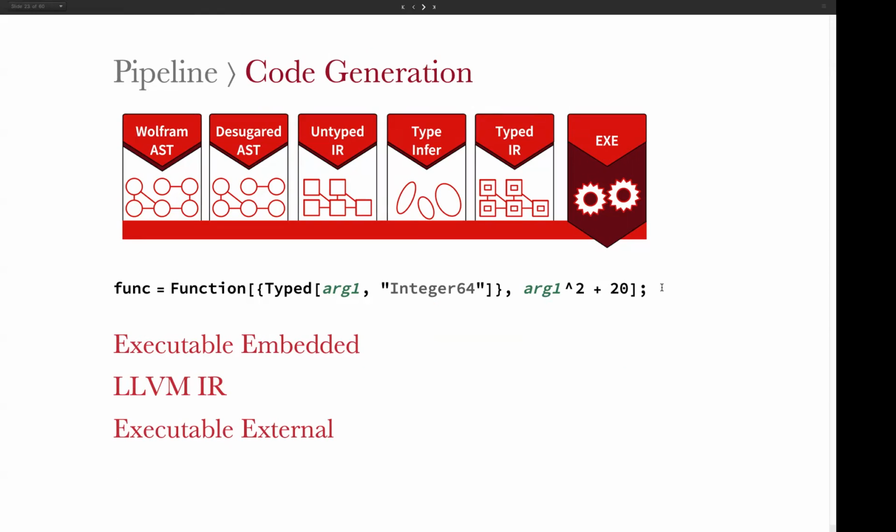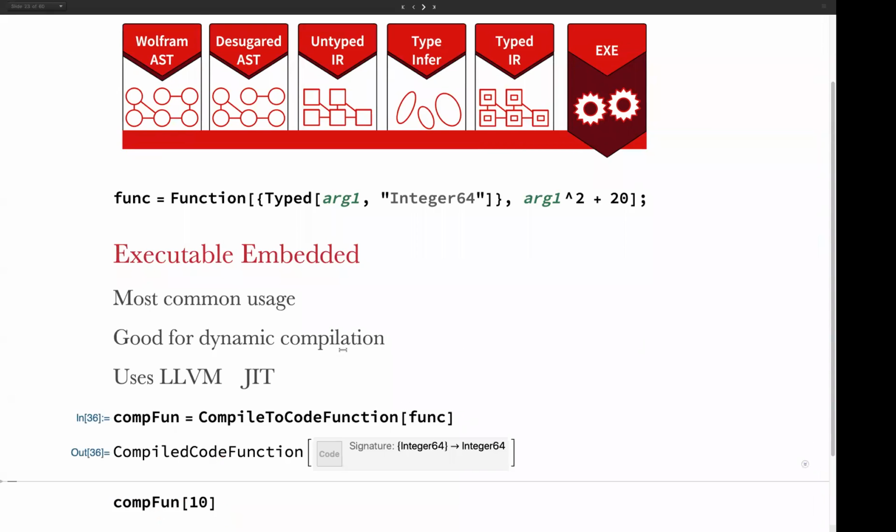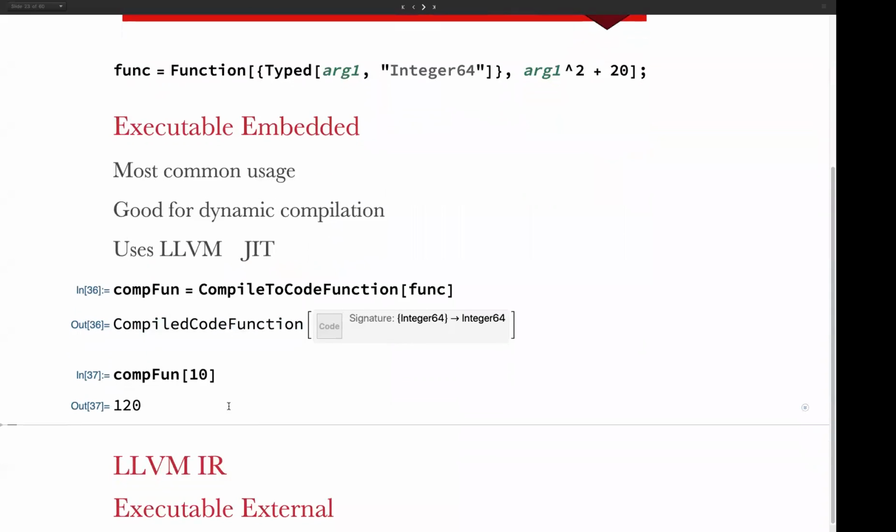And then the final stage is we pass things to LLVM, and we're going to generate an executable. In the interpreter, that's represented by this compiled code function, which is a reference to the actual executable that we generated from LLVM, and then we can invoke this and we get the answer.